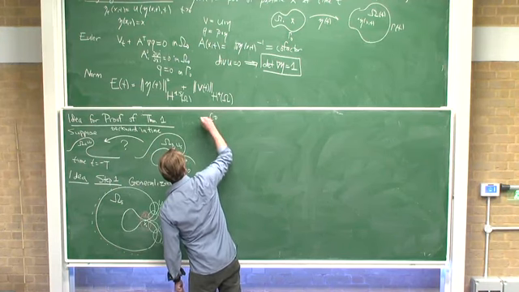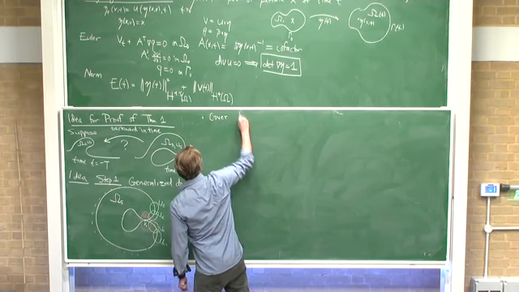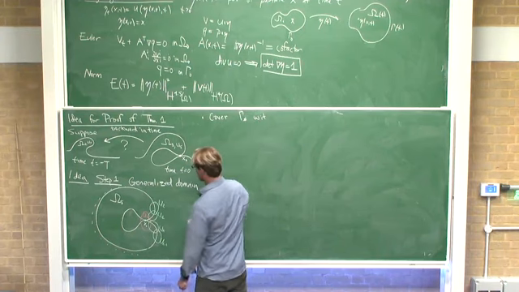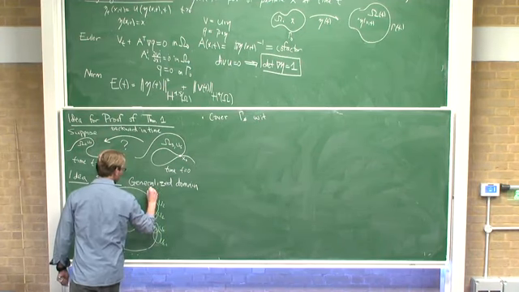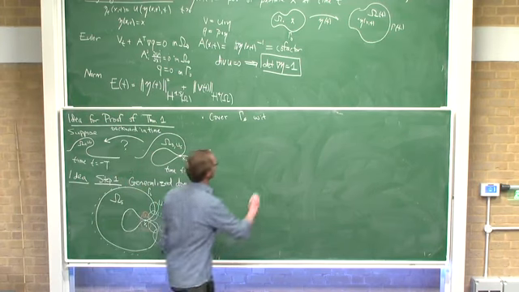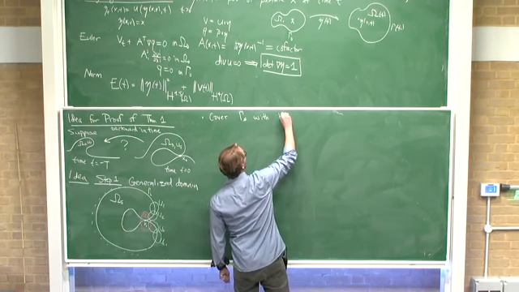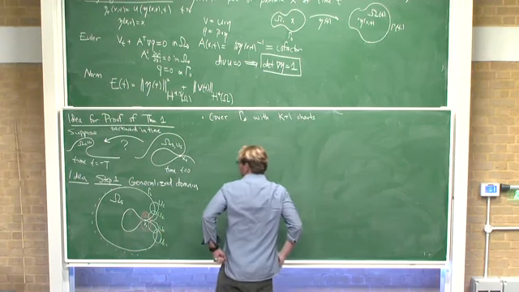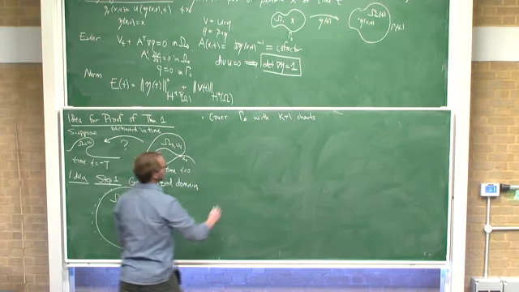I want to cover gamma 0, or I'll call it gamma s in this case, which is the boundary, with k plus 1 coordinate charts. So the easy ones are the green ones. That's quite standard.